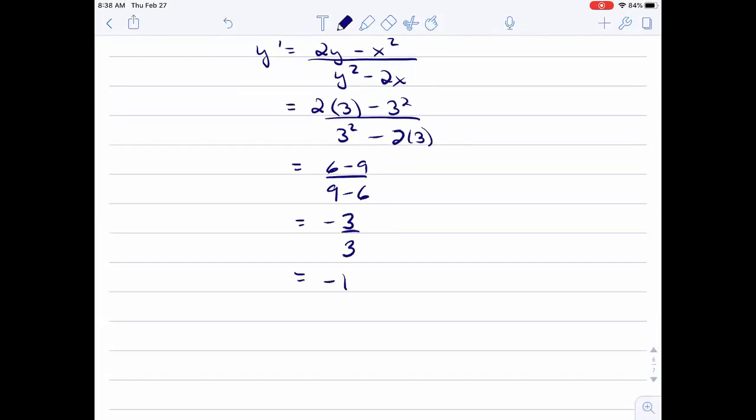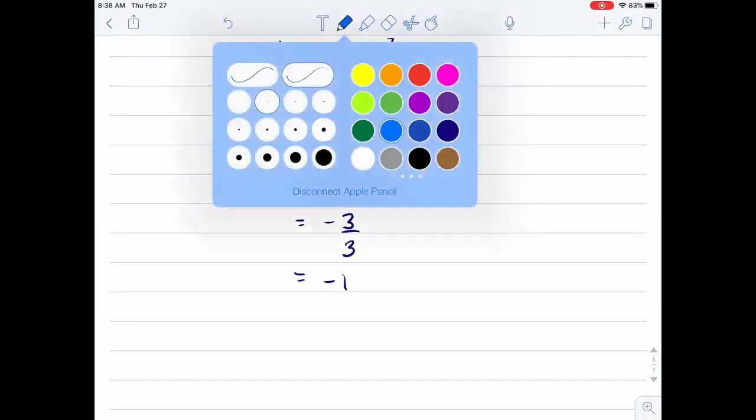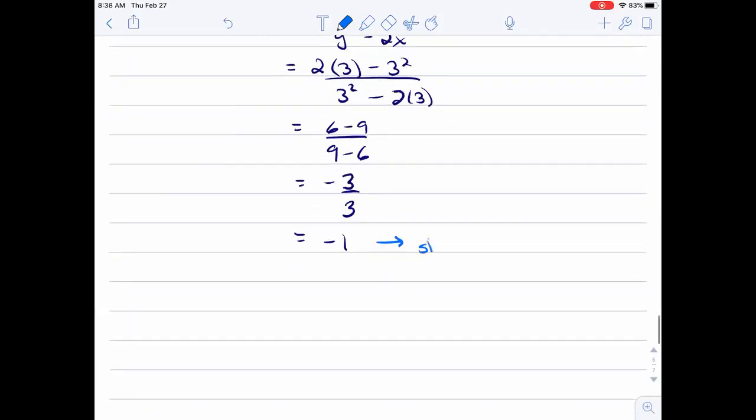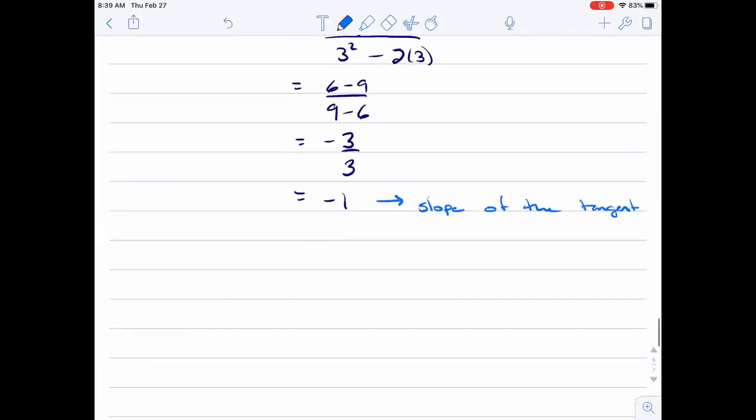That's -3/3, which is -1. What's this that we just found? This is the slope of the tangent line at 3, 3.